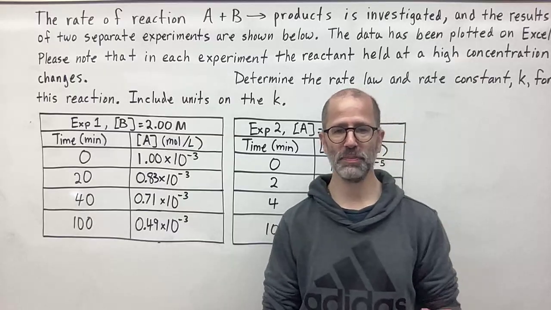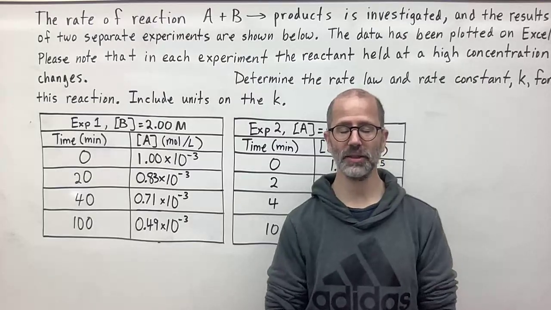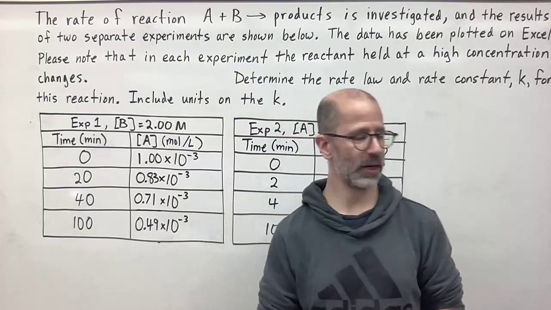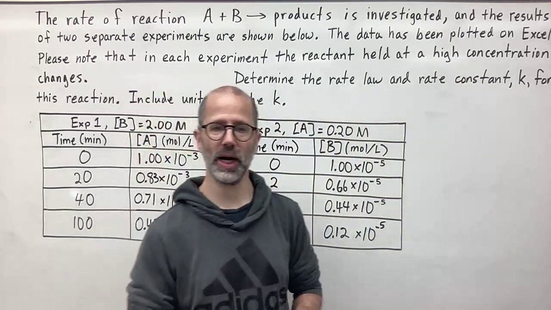Okay, so for this problem we have to first review pseudo rate law constants. So let's talk about pseudo rate law constants. When do we need to think about them?